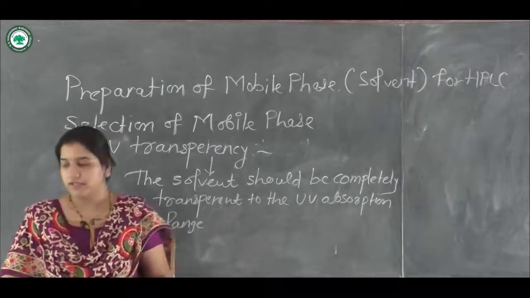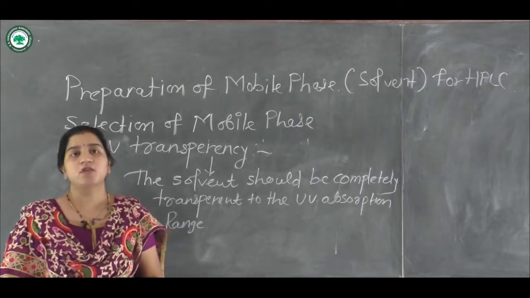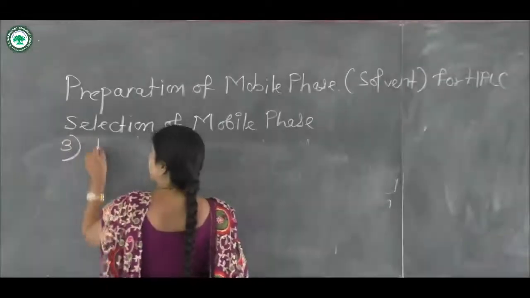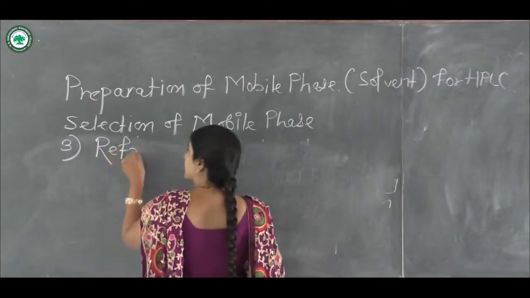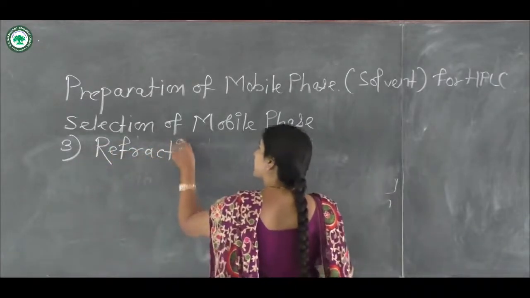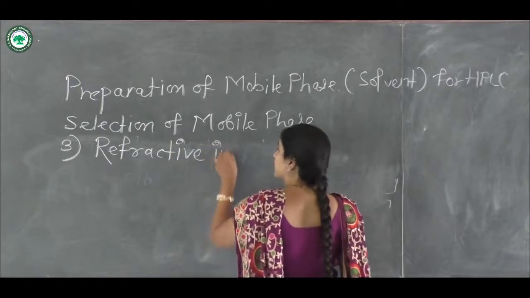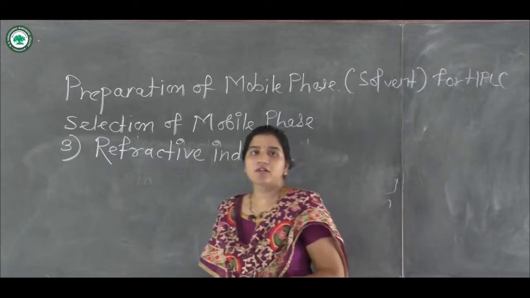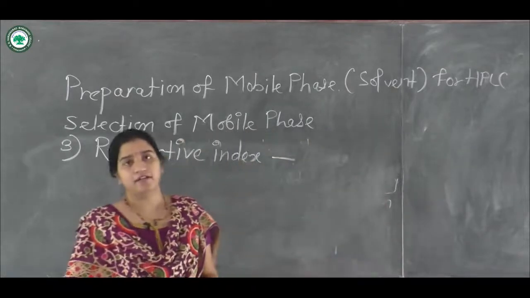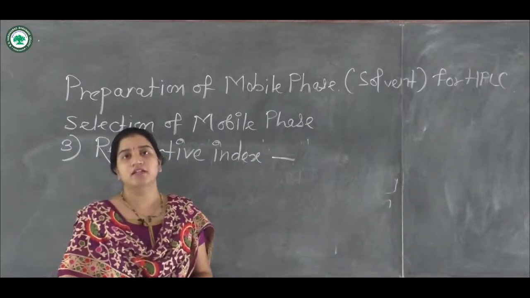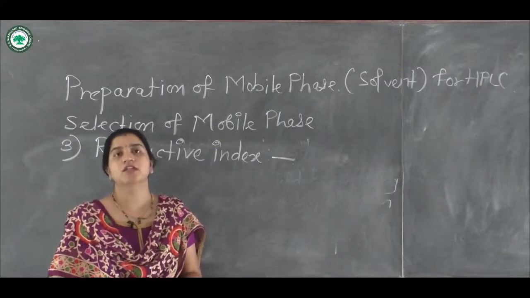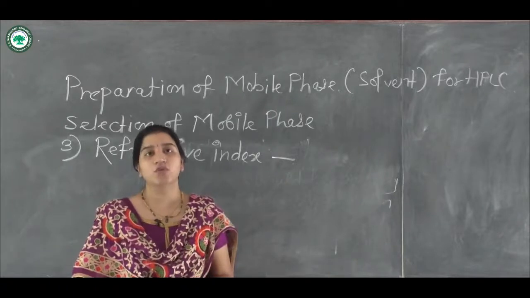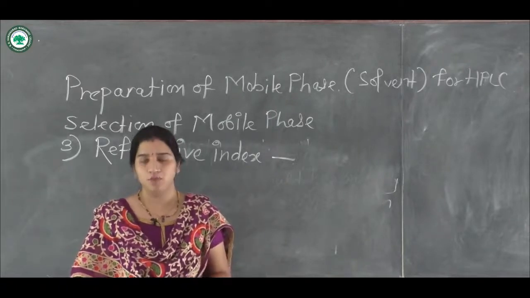Now the third point that we have to consider is the refractive index or RI. Whenever you are using an RI detector or refractive index detector in the HPLC instrumentation, the most important point you have to consider is the refractive index of your solvent or mobile phase.